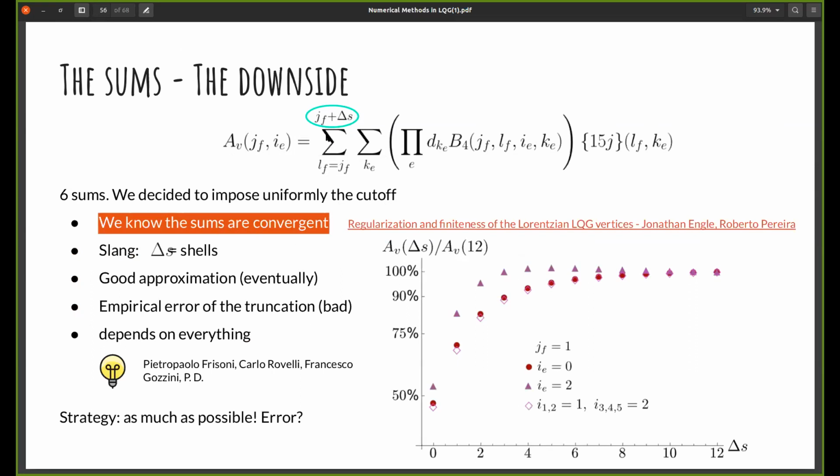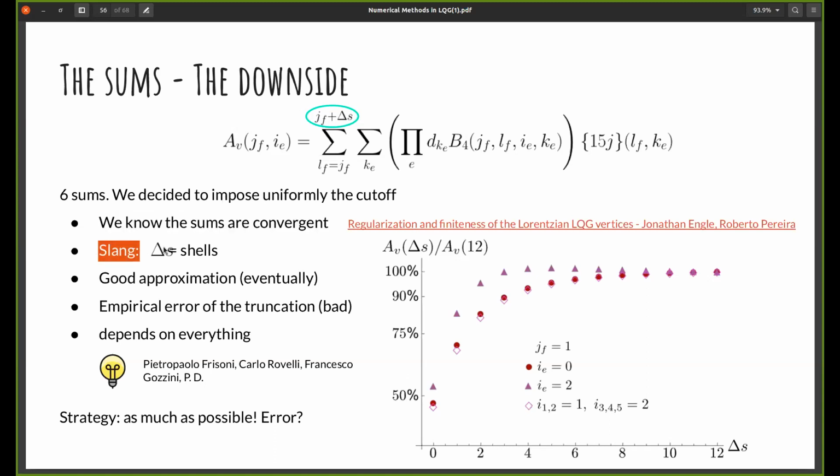So putting a cutoff, as I will call it in the following, is fixing a number of shells. So I'm calling delta S the number of shells by imagining it as an onion, when you start by the core, and then you put layers on top. Eventually, it is a good approximation.